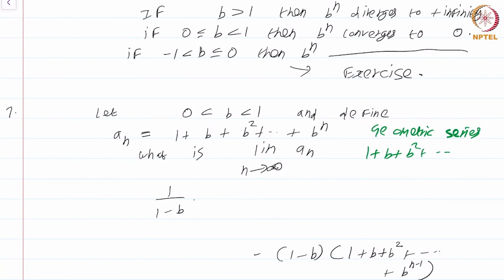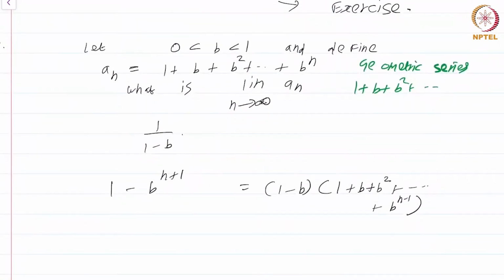What I want to say is that 1 minus b^(n+1) is actually equal to (1 minus b) into (1 plus b plus b squared plus dot dot dot b^n). In fact, this goes all the way up to b^n.